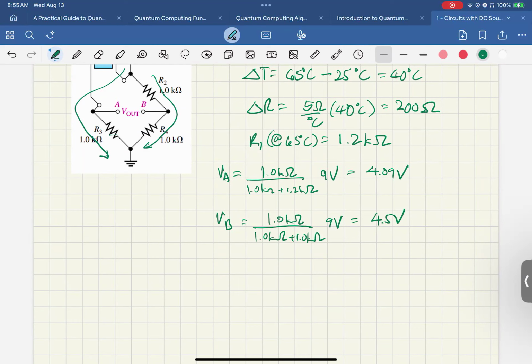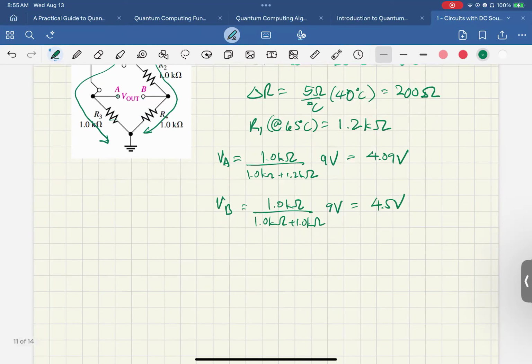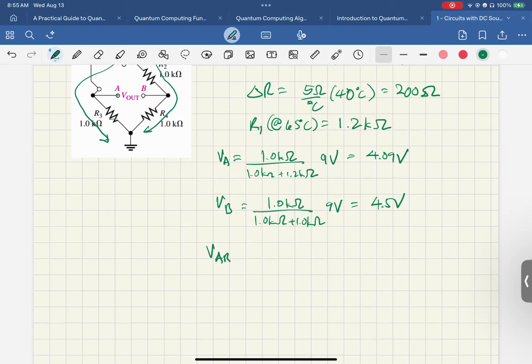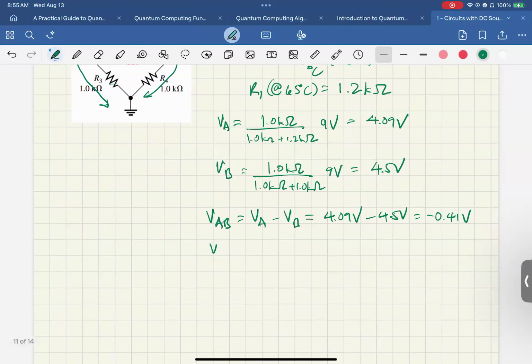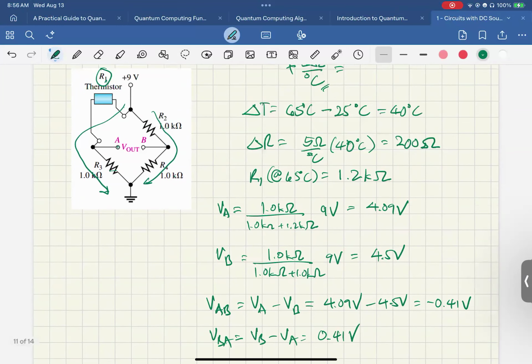If we're looking at VAB, in other words VA minus VB, then we have 4.09 volts minus 4.5 volts, equal to negative 0.41 volts. But if we're looking at VBA, or VB minus VA, then of course it's just 0.41 volts.